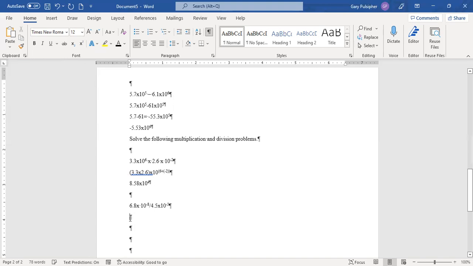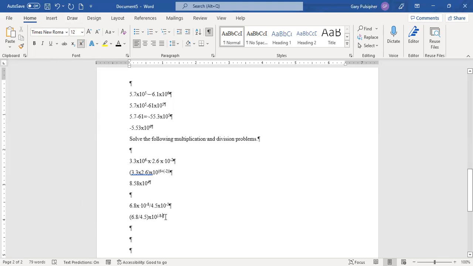And then the last one is the 6.8 divided by 4.5. 6.8 times 10 to the negative 8 divided by 4.5 times 10 to the negative 3. So let's look at that one. We're going to do the math, right? 6.8 divided by 4.5 times 10 to an exponent. This time it's going to be minus since it's divided. So notice when we multiplied, we added the exponents.